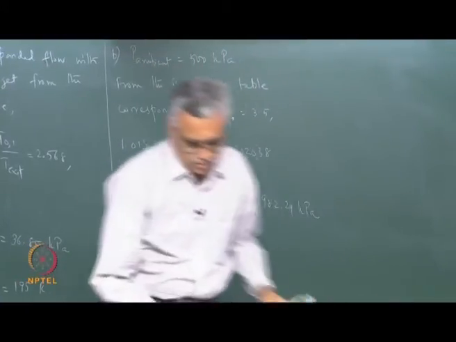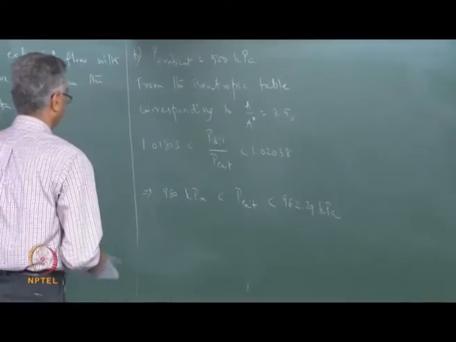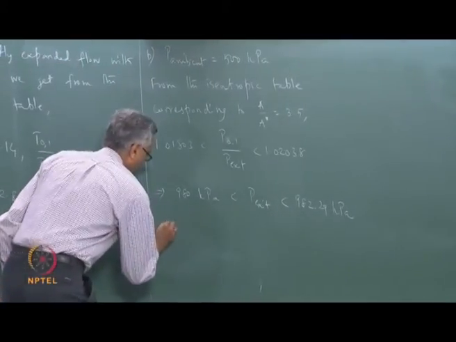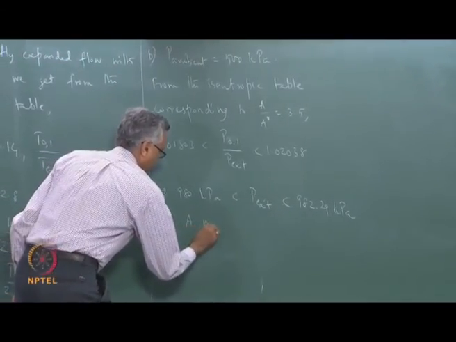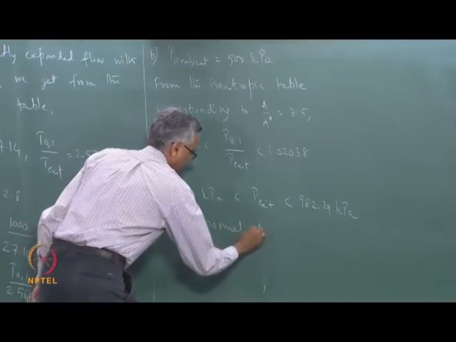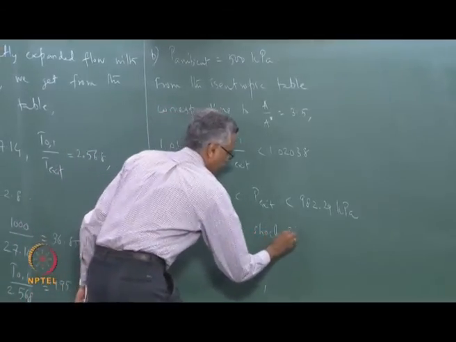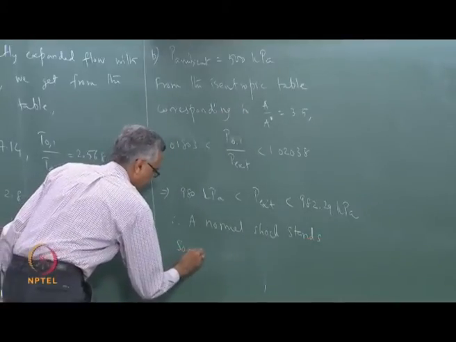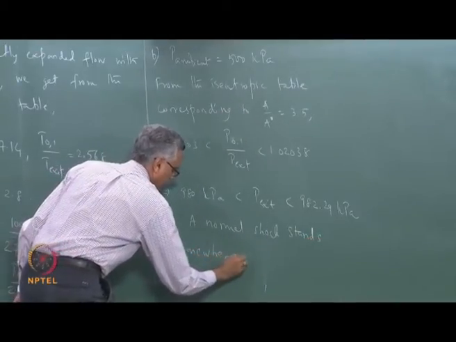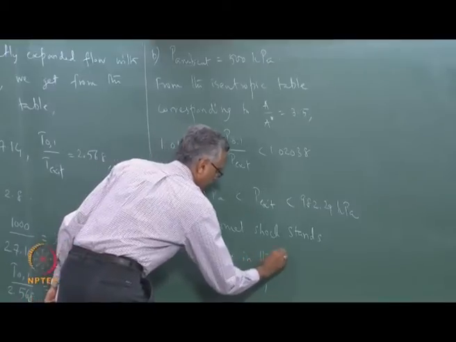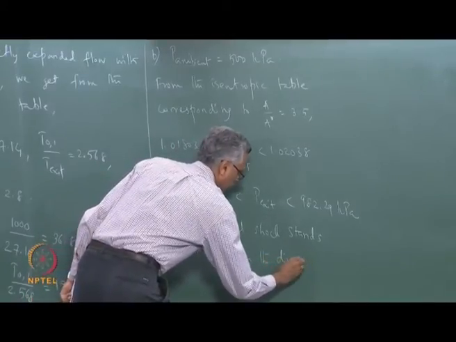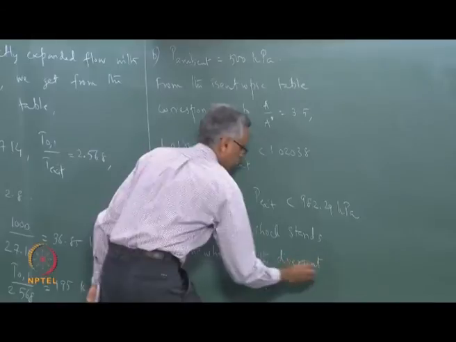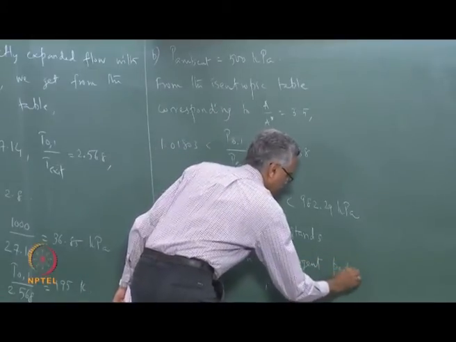And so, that is what we have to calculate next. So, normal shock stands somewhere in the divergent part of the nozzle.